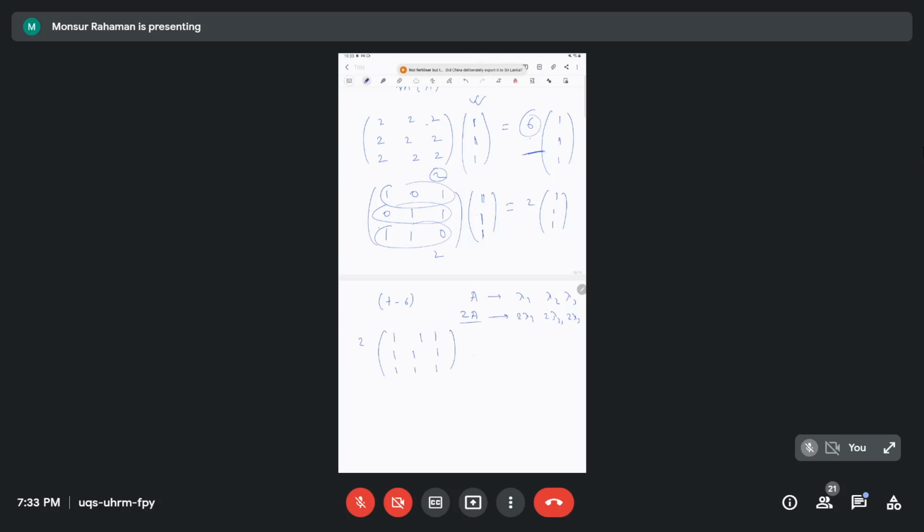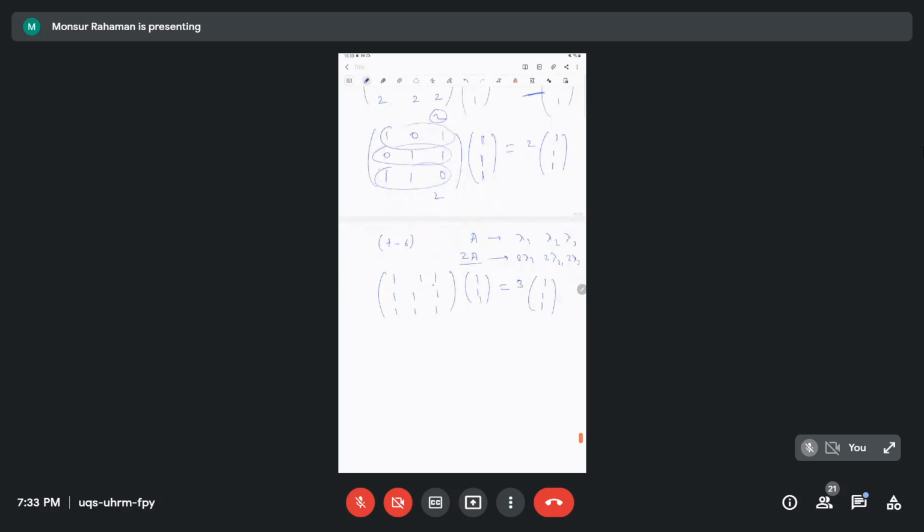So for 1 1 1 the eigenvalues are 3, because if you add them you will find 3. So after multiplying with 2, it will be 6. So if you consider this one, 3 1 1 1, this is its eigenvalue, and this is its corresponding eigenvector. But you have to find other eigenvectors or eigenvalues with the same trick. How we are going to do it?